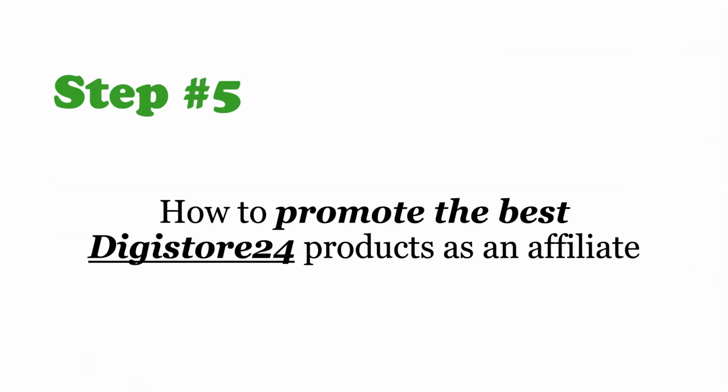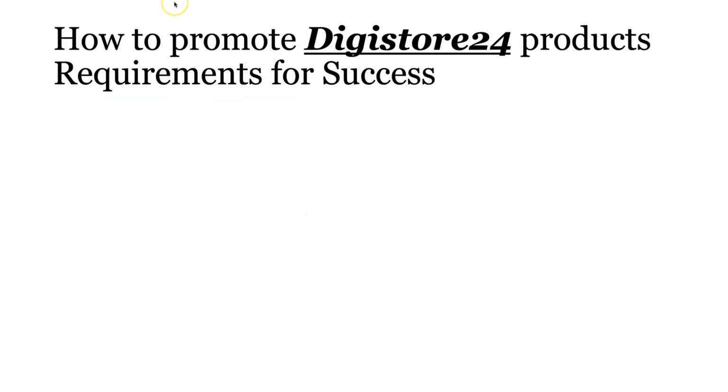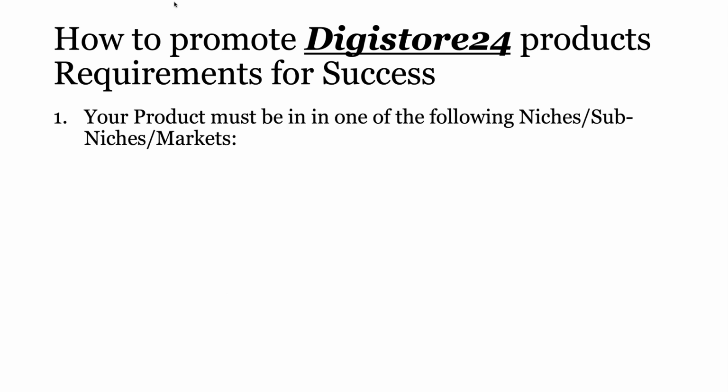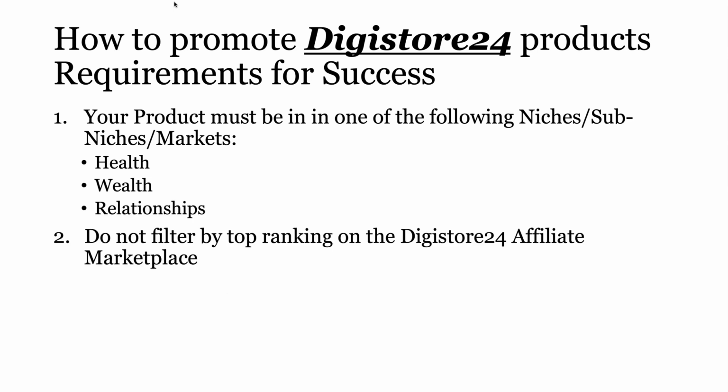Step number 5, how to promote the best Digistore24 products as an affiliate. It's very important to do it right. Of course, we're talking about how to promote Digistore24 products, requirements for success. Number 1, your product must be in one of the following niches, sub-niches, markets or sub-markets: health, wealth, and relationships.